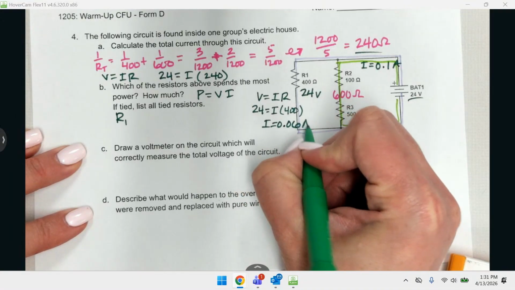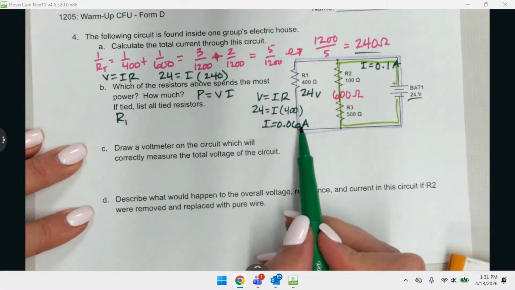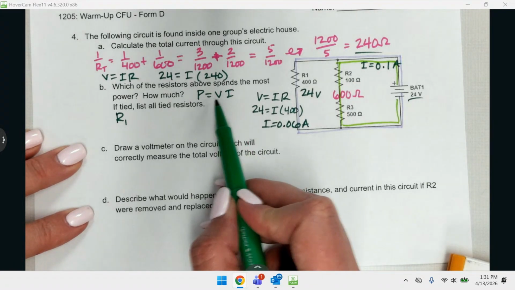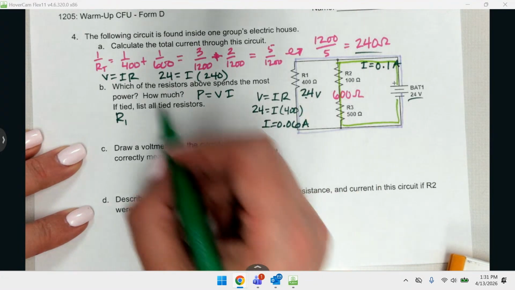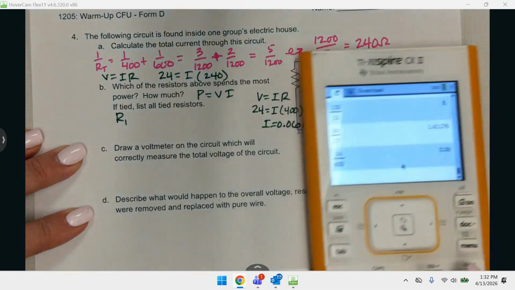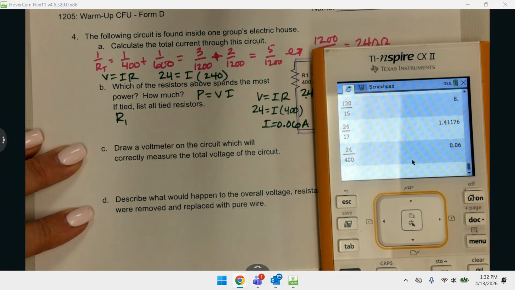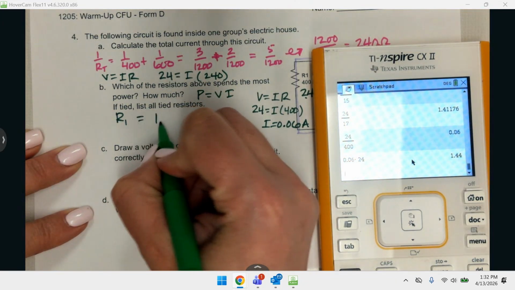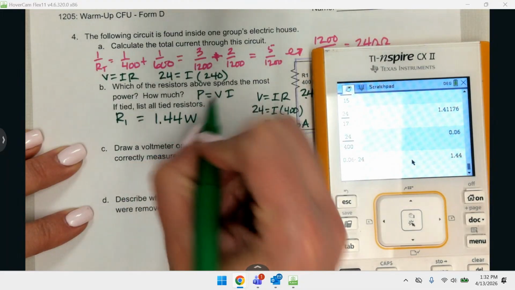So on my purple loop, my current is 0.06 amps, which I can now use in this equation along with my voltage drop, 24 volts. So if I wanted to solve for the power at R1, it's going to be my 0.06 amps multiplied by my 24 volt drop, 1.44, and so the power there is going to be 1.44 watts.